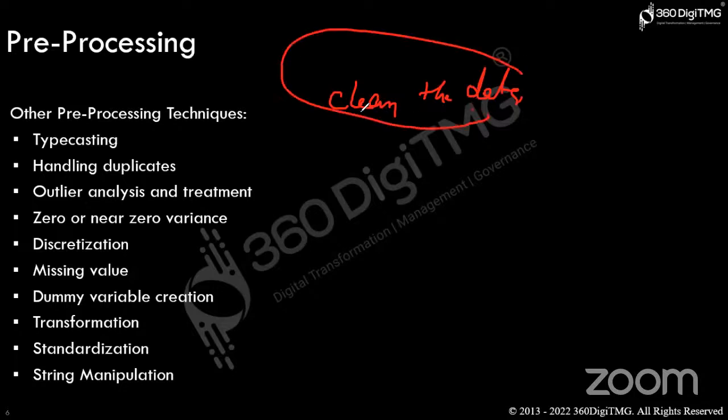Those are typecasting, handling duplicates, outlier analysis and treatment, zero or near zero variance, discretization, missing values, dummy variable creation, transformation, standardization, and string manipulation. We'll discuss each and every technique in detail. These are all techniques in order to clean the data.